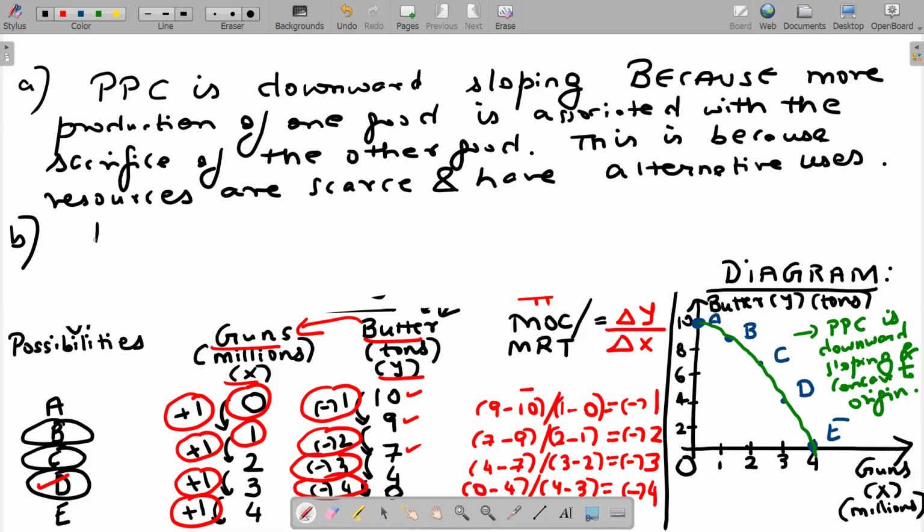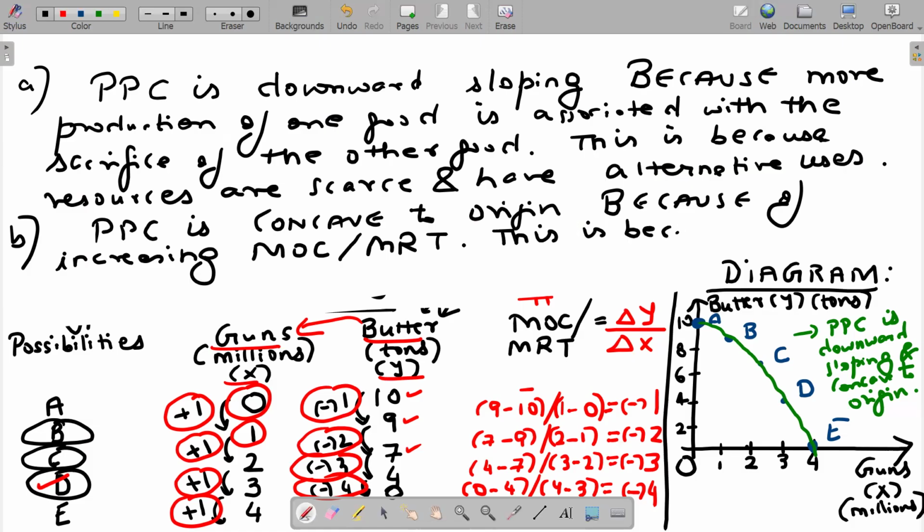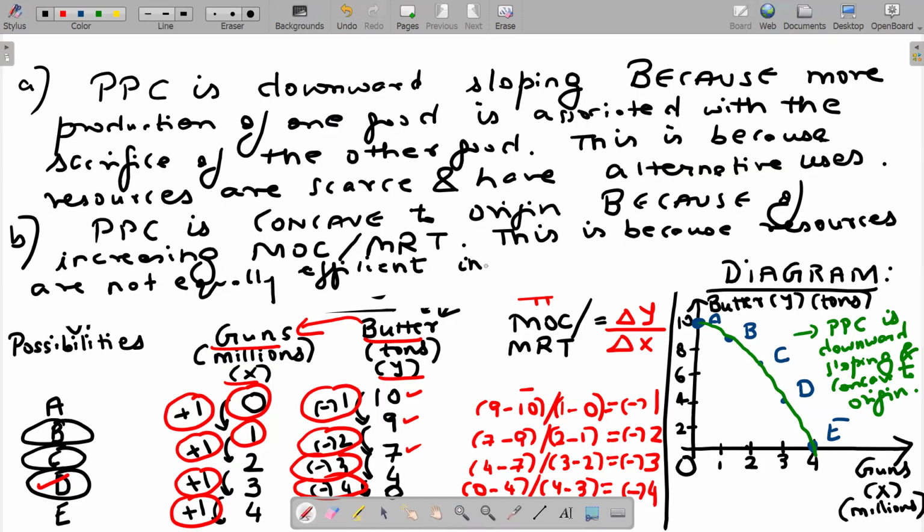Point B, why is the production possibility curve concave? I can write the production possibility curve is concave to the origin because of increasing marginal opportunity cost, MOC, also called marginal rate of transformation. This is because resources are not equally efficient in production of all the goods.